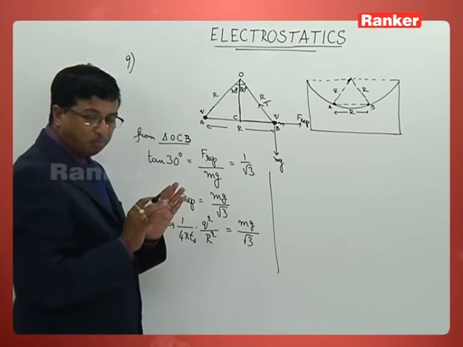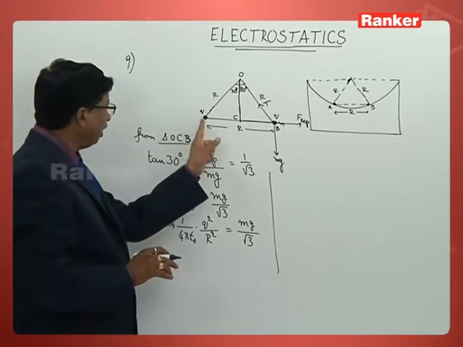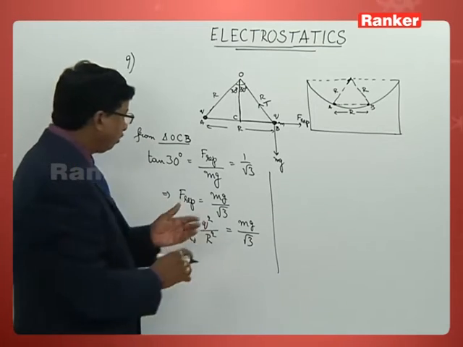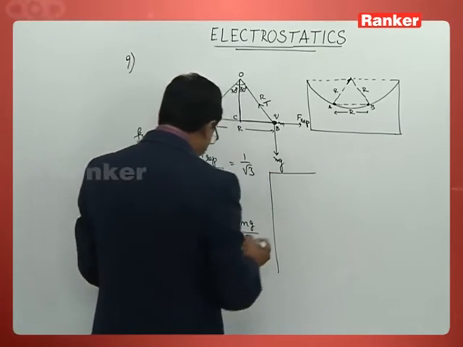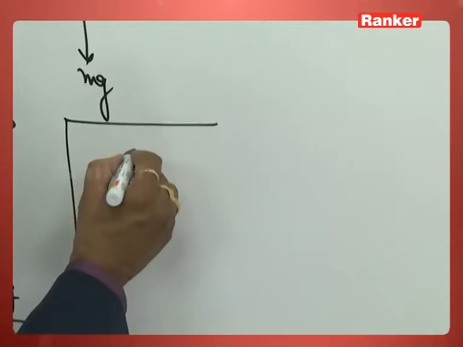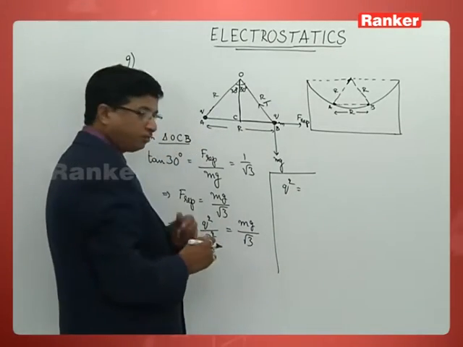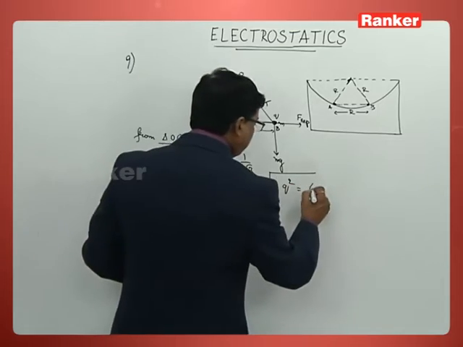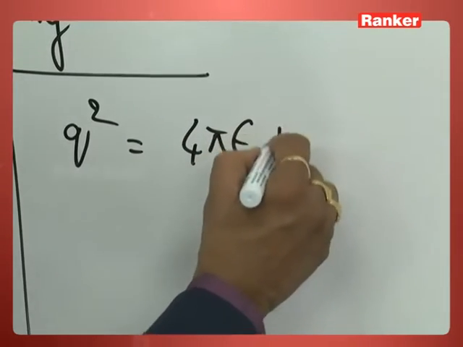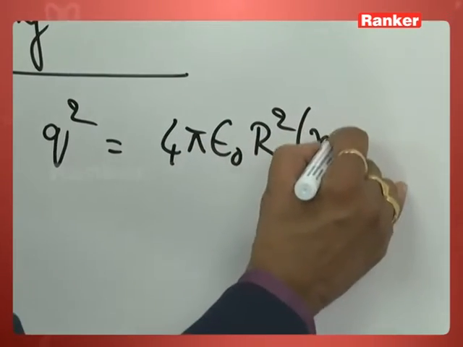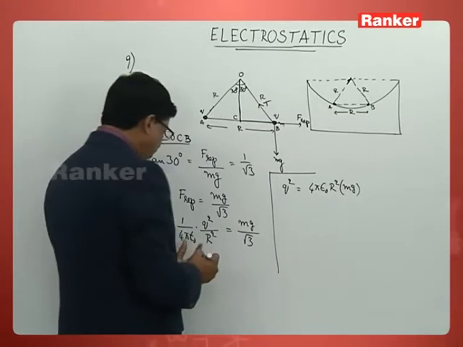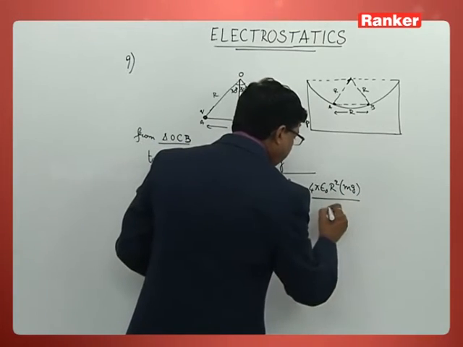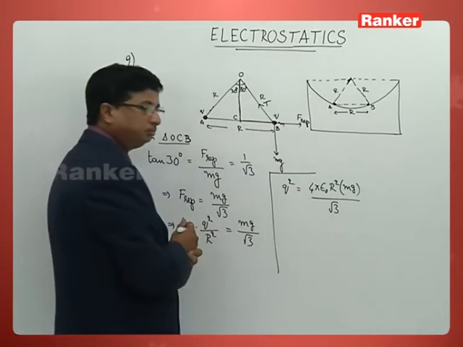But what I want is the charge on each bead. So what should we do now? Just write from this equation what is the value of Q square first. What will you get now? It will be 4 pi epsilon naught R square into mg, look at it, 4 pi epsilon naught R square into mg divided by root 3.